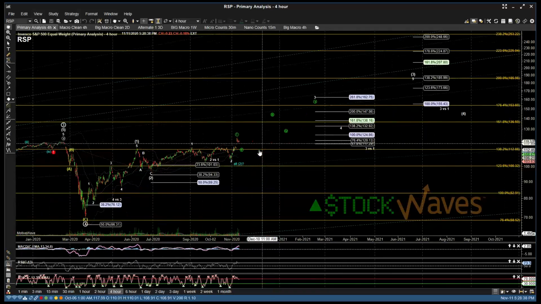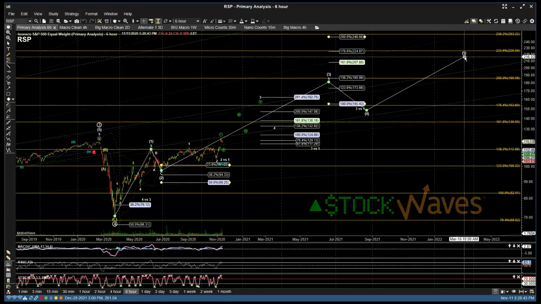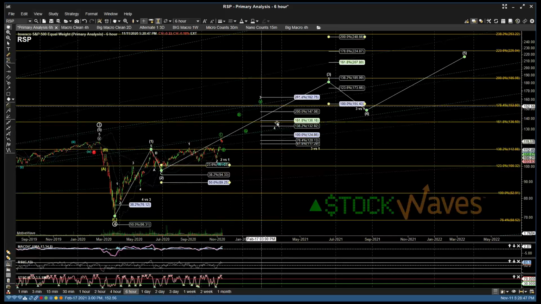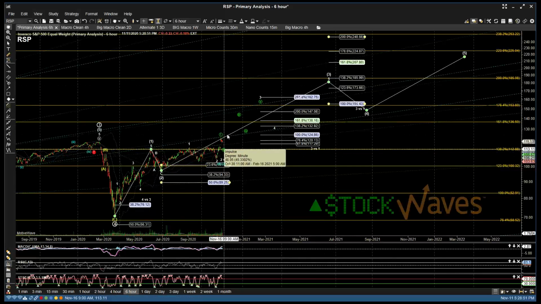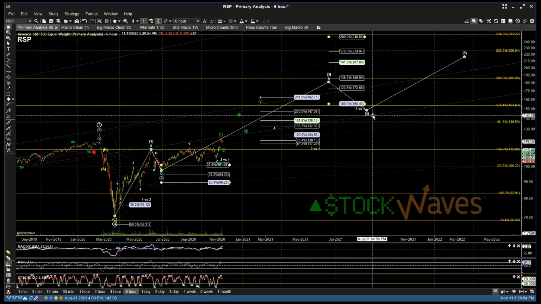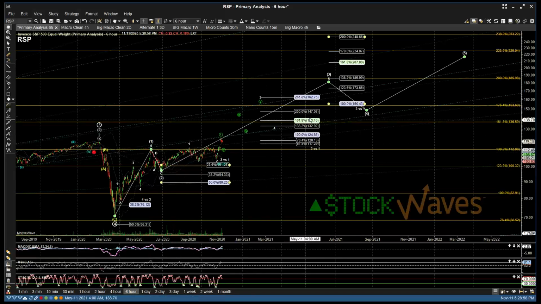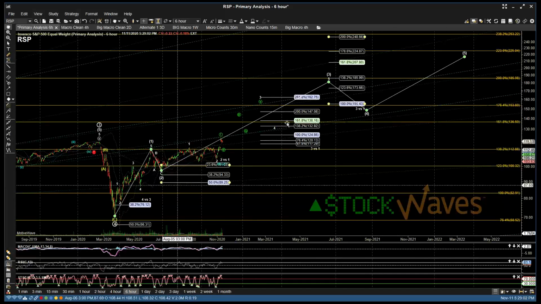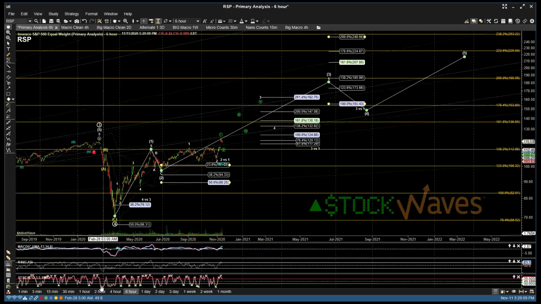You have to have 5 waves of equal degree inside your primary wave 5. So if we look like we are here, then, if we're counting it this way, it looks like we need another 4 or 5. But if we are further along, then maybe it can be completing a little bit sooner. So that's a question for more of an academic nature further on down the road.